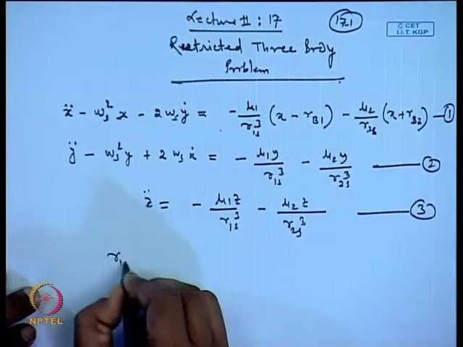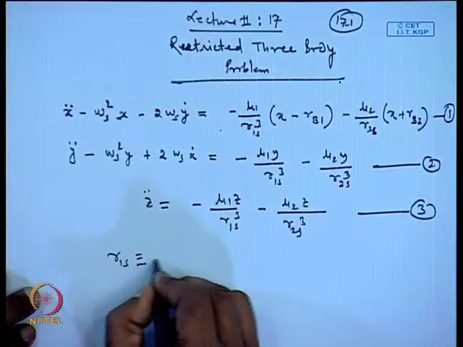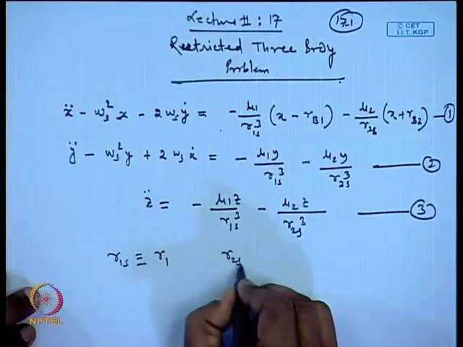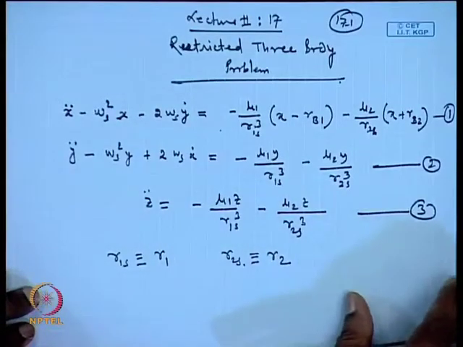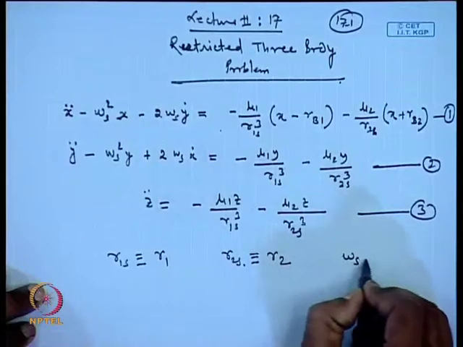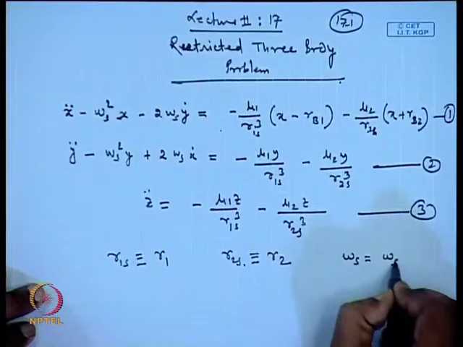For our convenience, we wrote R 1 s as R 1 and R 2 s equivalently as R 2, and omega s can be replaced as omega.